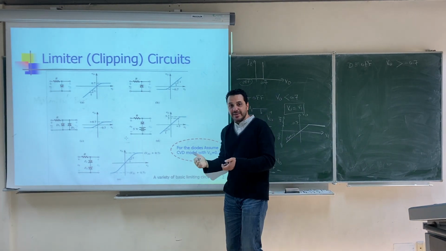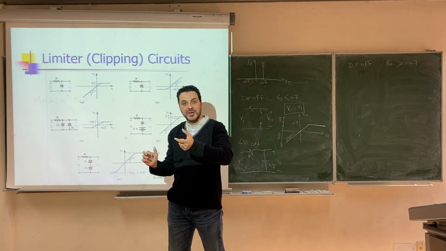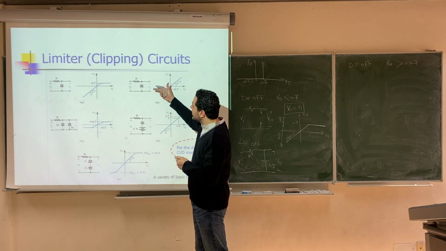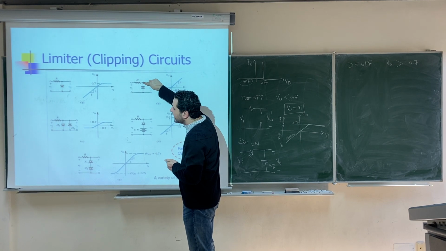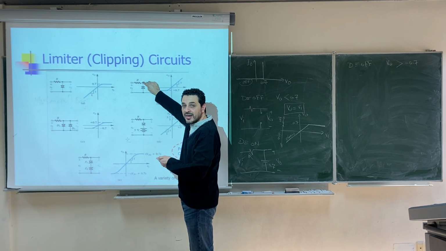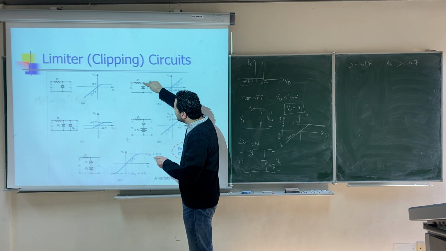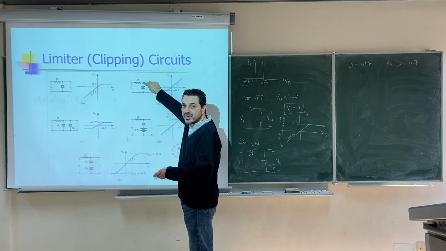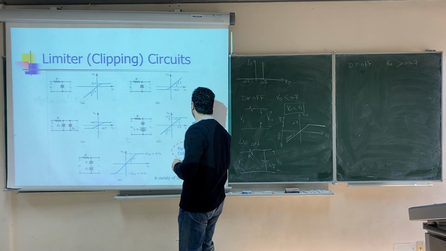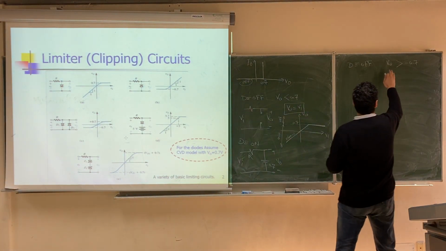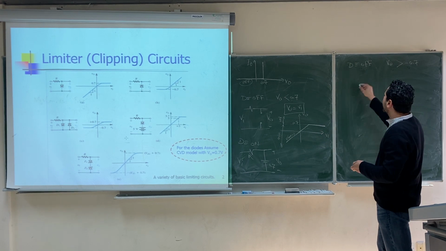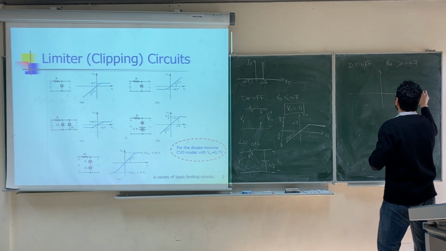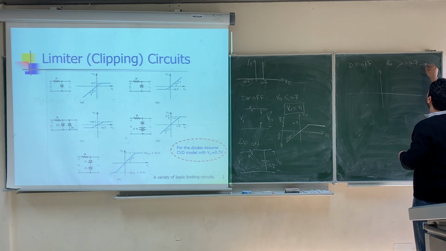Why negative 0.7 again? I know when you reverse the diode it might be confusing a little bit. Why negative 0.7? Because if this is connected to 0, you need here to be negative 0.7 in order to operate, right? If this point is higher than negative 0.7, then the diode will not operate, the diode will be off. So as long as V output is greater than negative 0.7, the diode will be off, will be open circuit, and again we will get a relation between V output and V input, that V output equals V input.